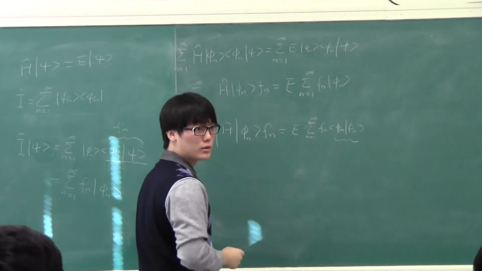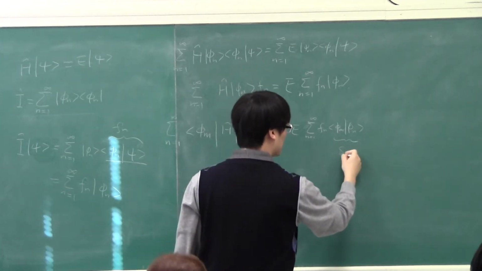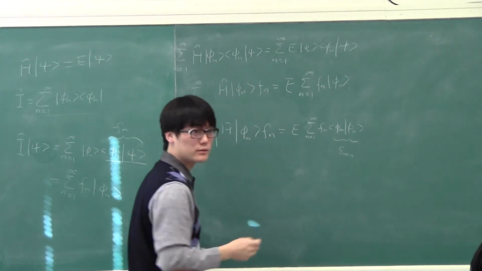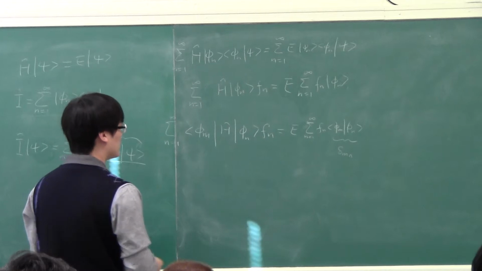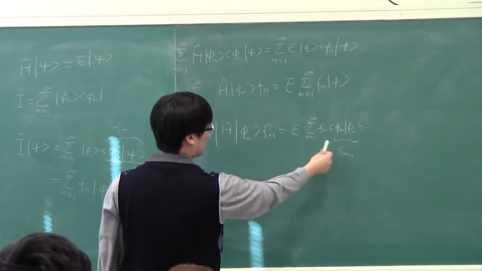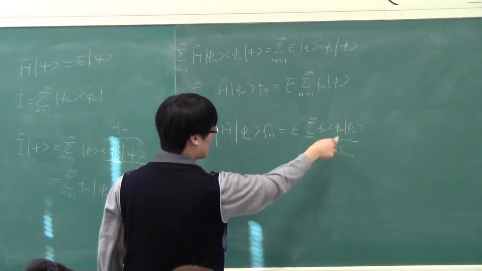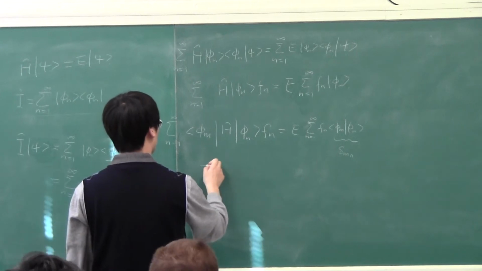And because of orthonormality, this is just the Kronecker delta, right? So now we can remove the sum by this Kronecker delta on this side. Okay, so we get that.